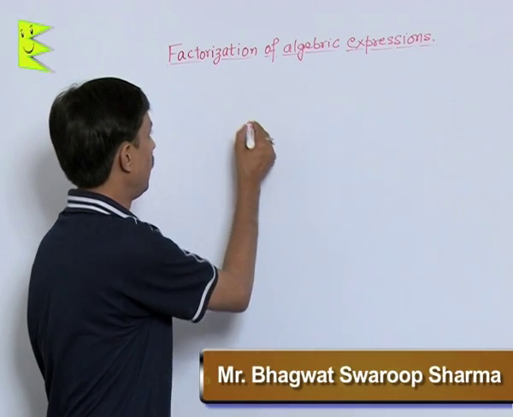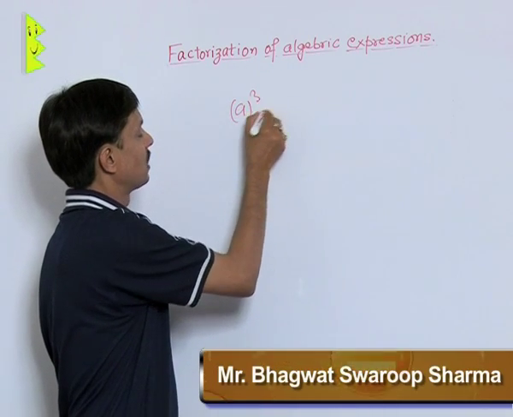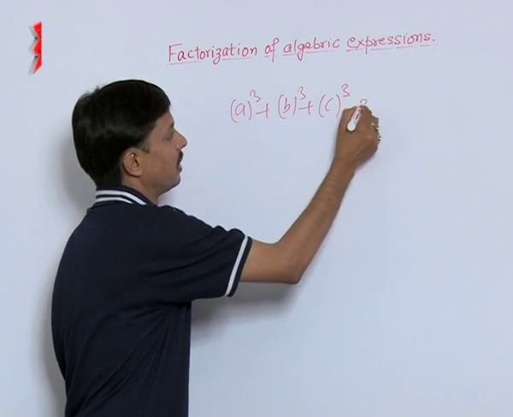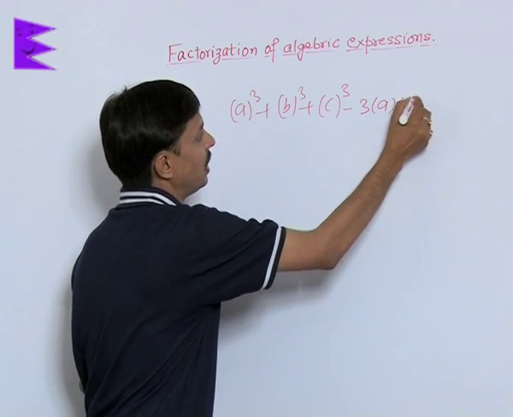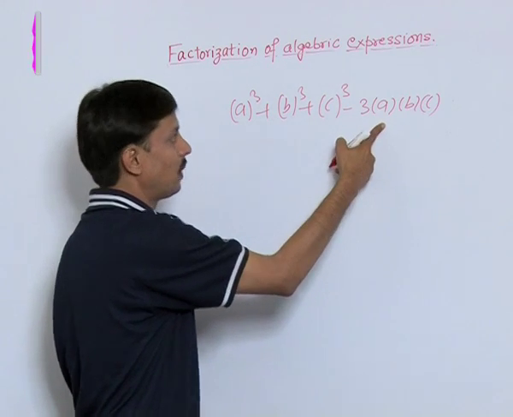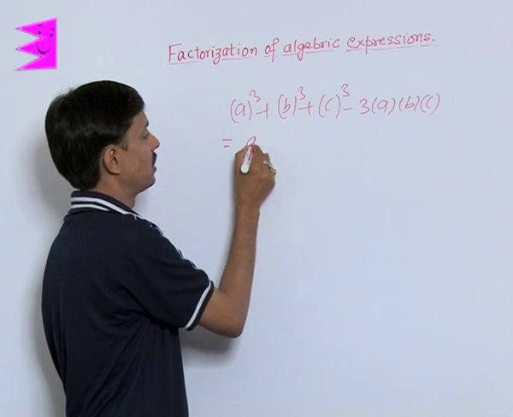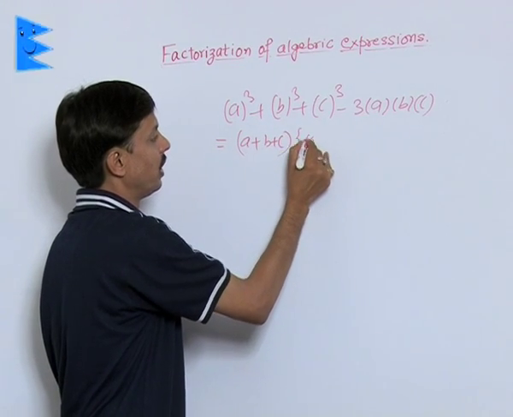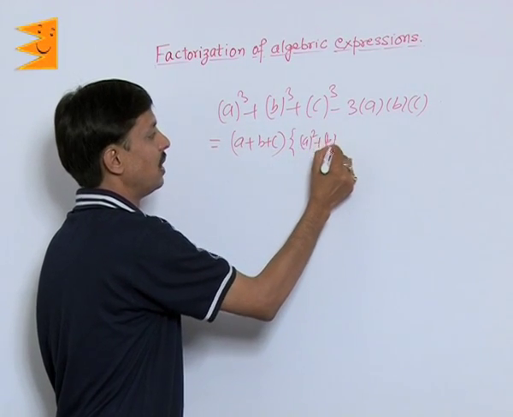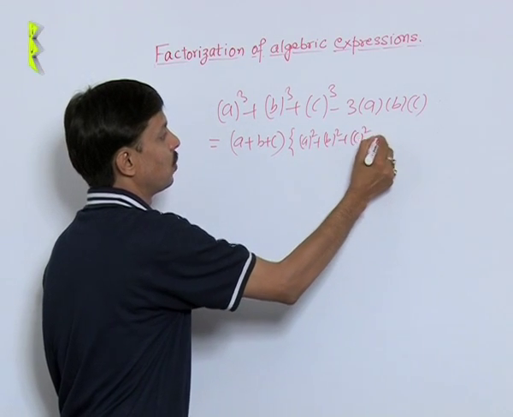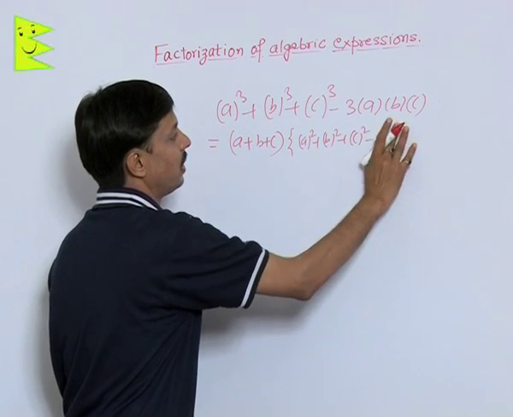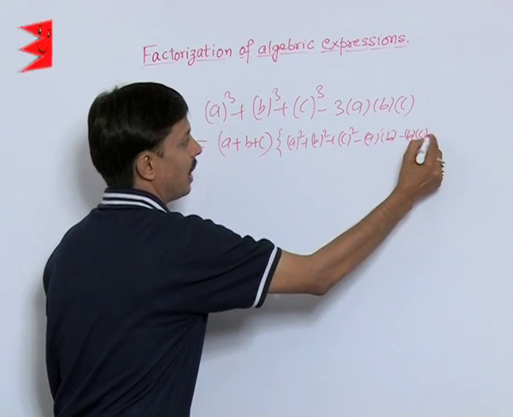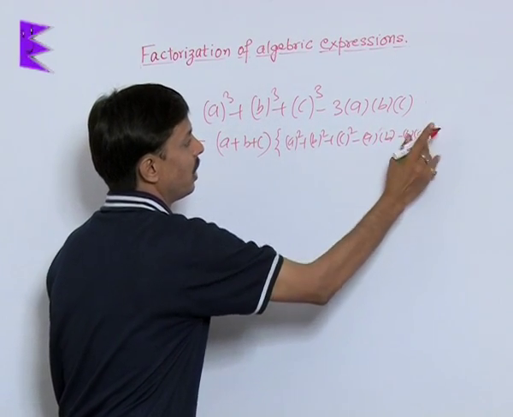It's like a cube plus b cube plus c cube minus 3abc. The result for this identity is (a + b + c) into (a square plus b square plus c square minus a into b minus b into c minus c into a).